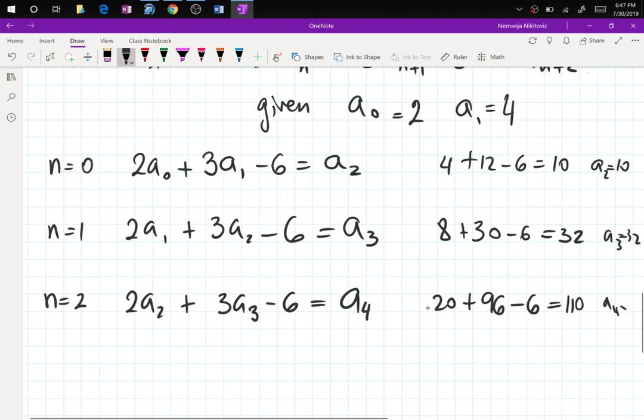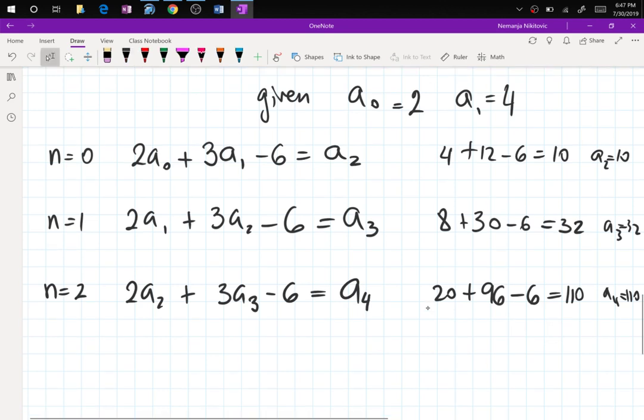So a4 is 110. Well, this already has 5 terms. So we can write a nice sequence: 2, 4, 10, 32, 110, 3 dots, meaning you can go to infinity if you want. Keep calculating a new term and a new term and a new term, and see how far you go.